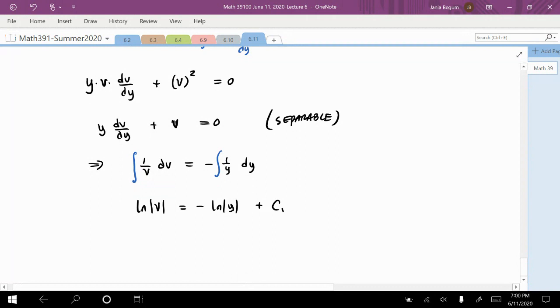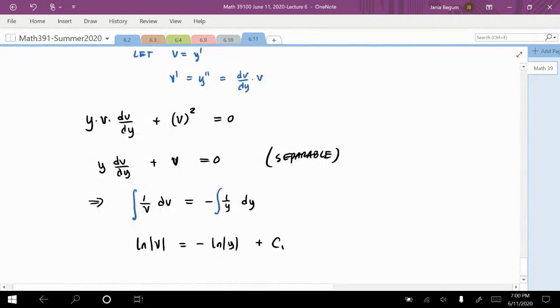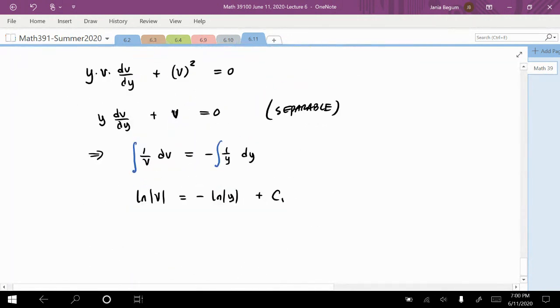Here we can bring back what v is. We said v was y prime, which you can also write as dy/dt, just a different notation.